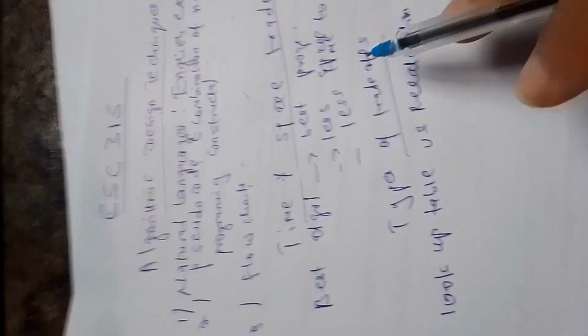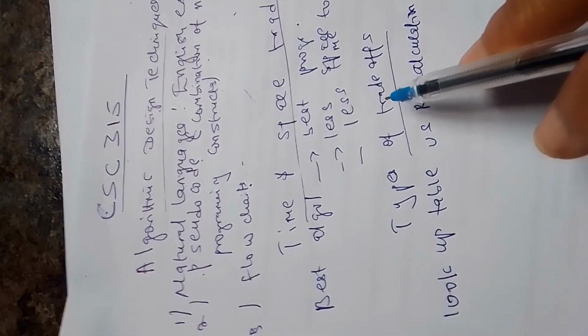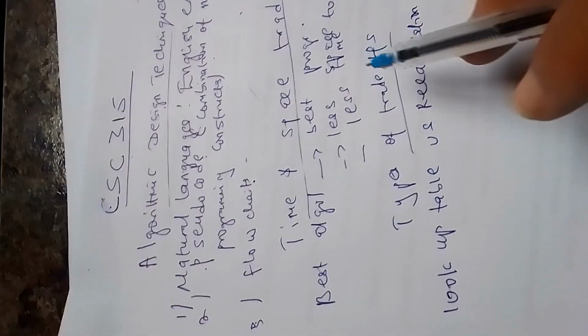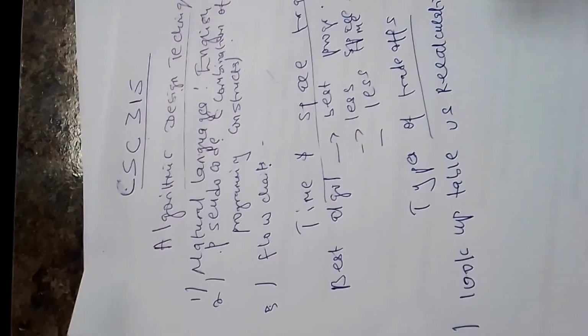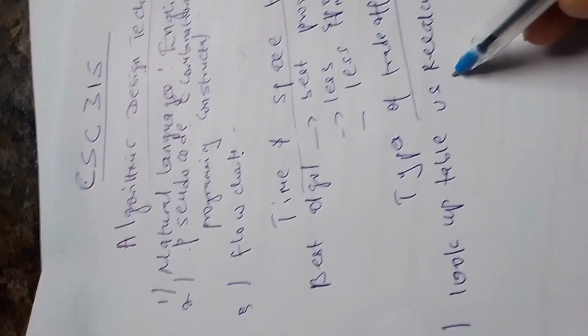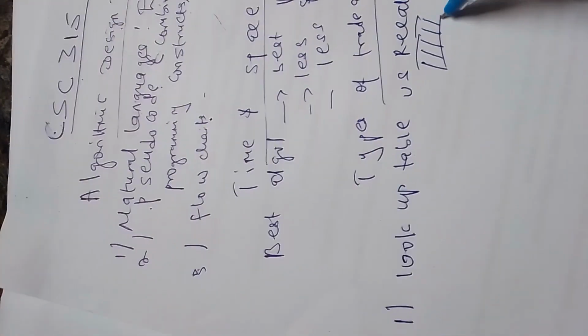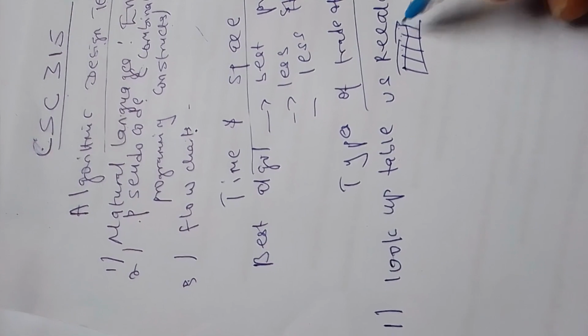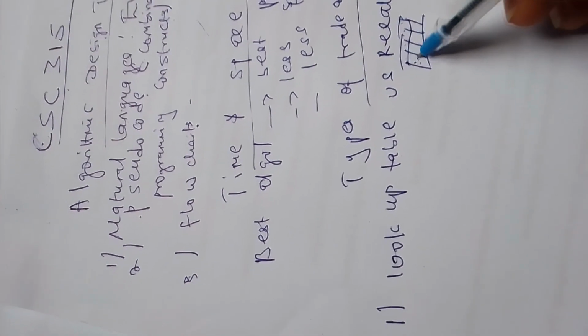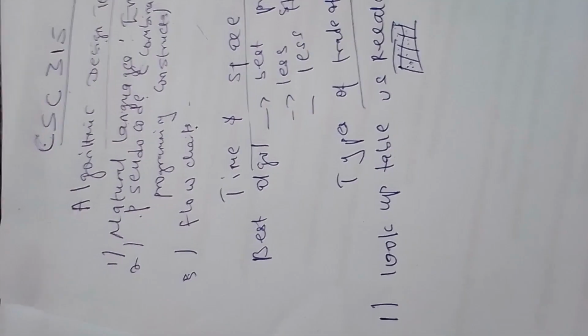In lookup table versus recalculation, an algorithm involving a lookup table in an implementation can include the entire table. You can have a table, which we call the lookup table. Assuming this is a table containing some attributes, you now have the items in these columns.